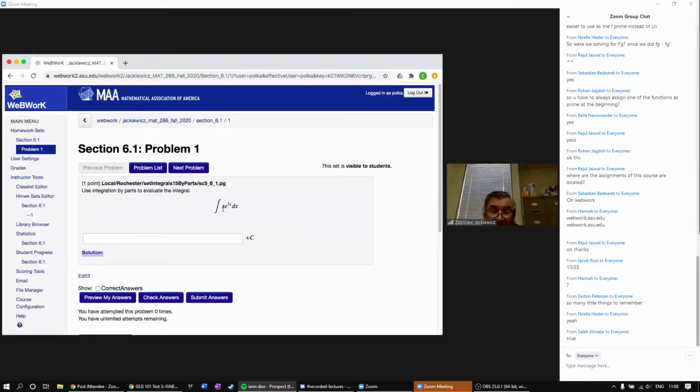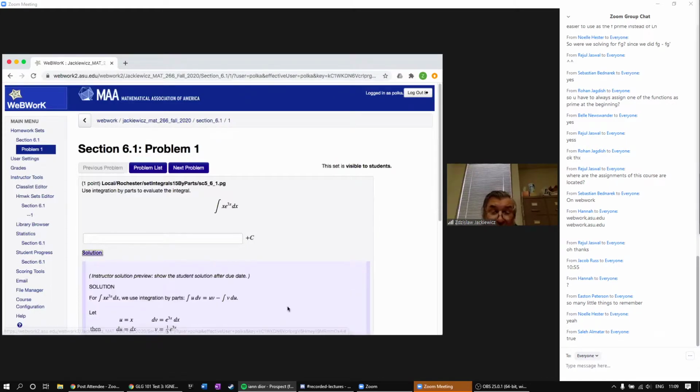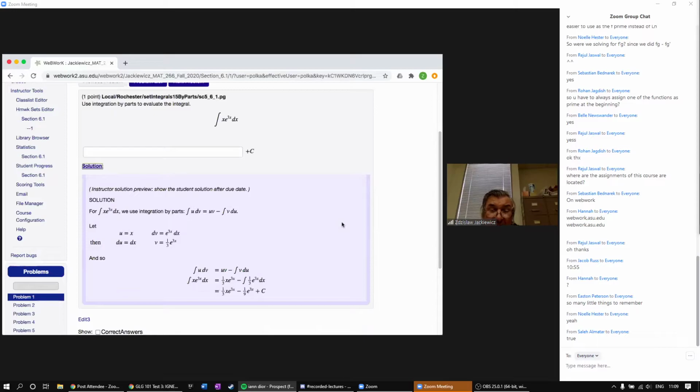So x e to the power 3x dx, more or less what we had. You remember we had this t squared e to the power t, then we integrated once, we have t e to the power t. So this is more or less what we have. But now they explain this using this different notation. So look, again, that's the notation, I really prefer the other one.